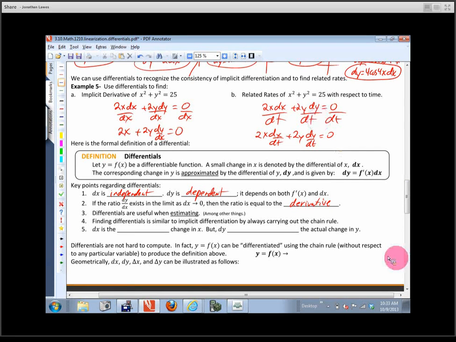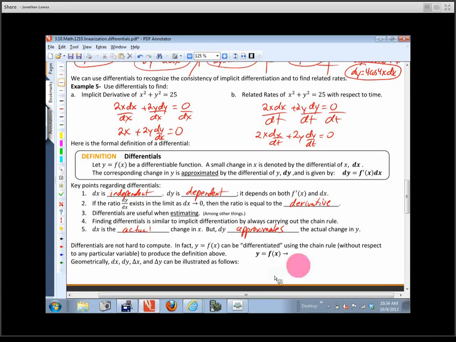And dx is the actual change in x, but dy approximates the change in y. This is why the ratio of dy over dx is not exactly the same as the derivative unless that limit exists.